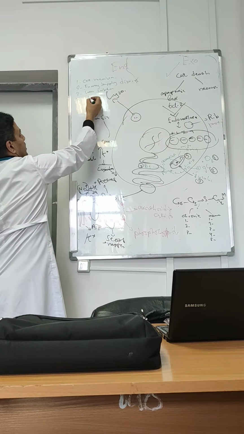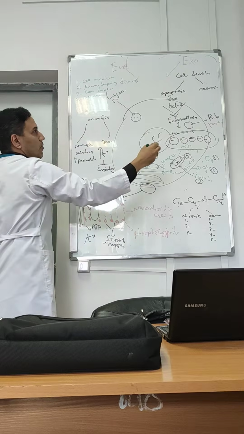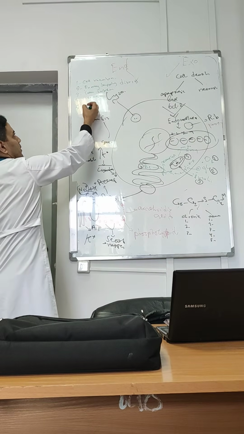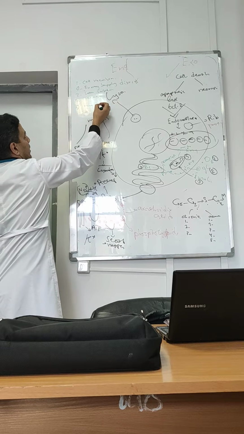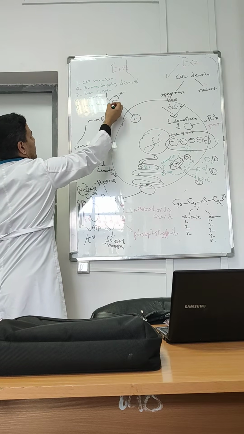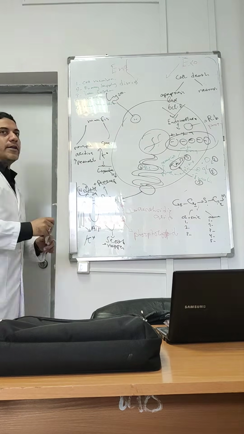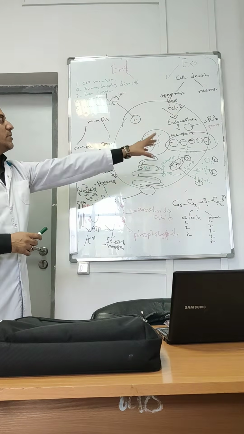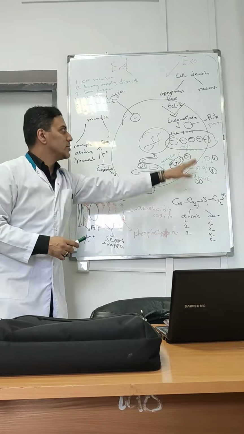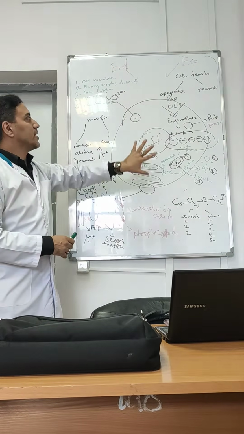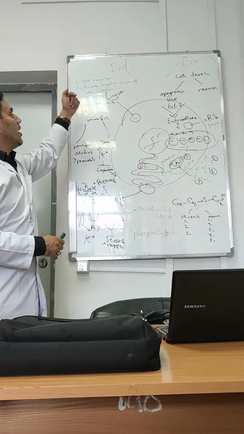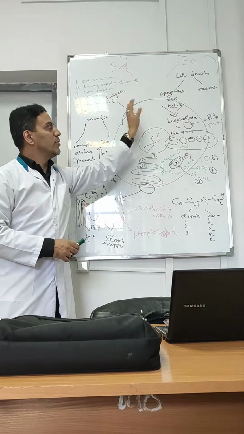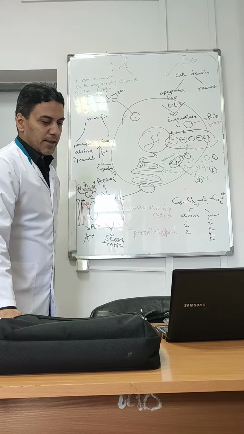Fourth, genetic damage or genome disorders. Fifth, neurohumoral disorders. Again, five mechanisms of cell damage: first, cell membrane damage; second, energy supply disorders; ion imbalance; genetic disorders; and neurohumoral disorders.